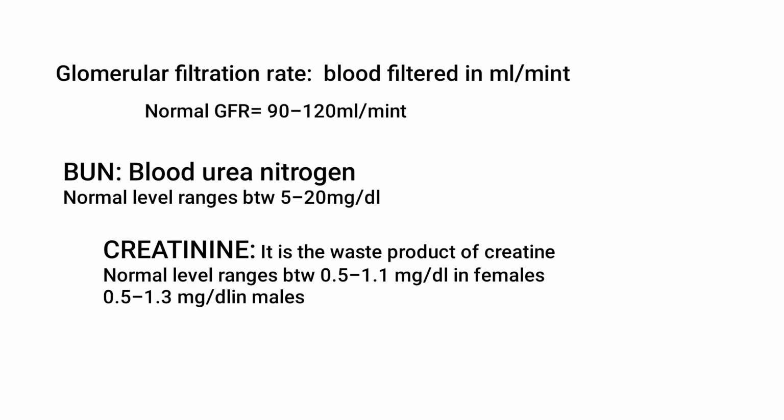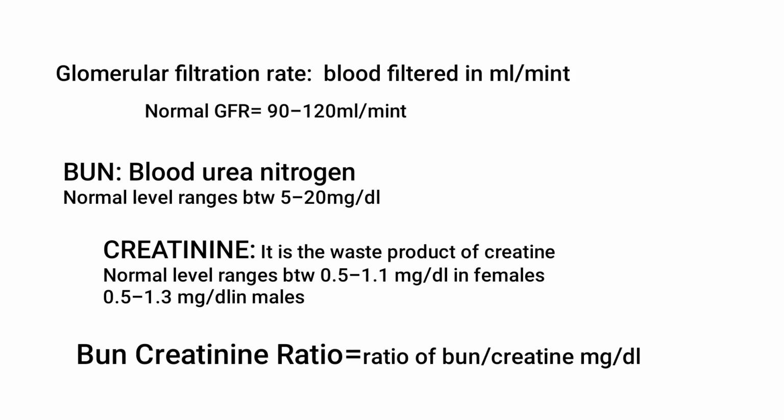But as the males are more muscular, the level is slightly increased. It ranges about 0.5 to 1.3 milligrams per deciliter. Okay, so the blood urea nitrogen creatinine ratio is a ratio of these things in milligram per deciliter. So the normal ratio is 5 to 20 ratio 1.